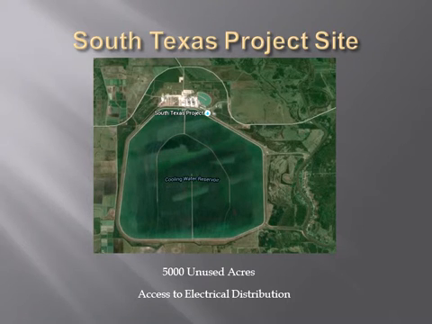Now, important is that right here is our switch yard that puts our 3,000 plus megawatts onto the grid. So we have 5,000 unused acres and access to electrical distribution, which is huge. Often accessing electrical distribution is one of the most costly objects of a wind farm, and we're not going to have that.